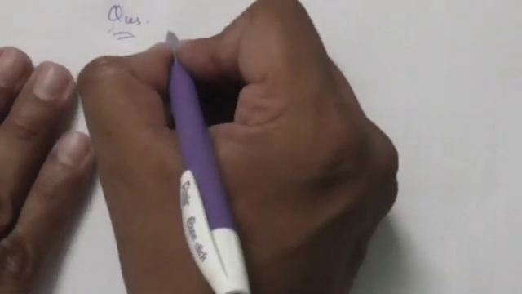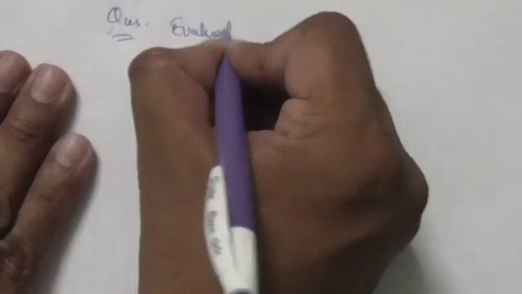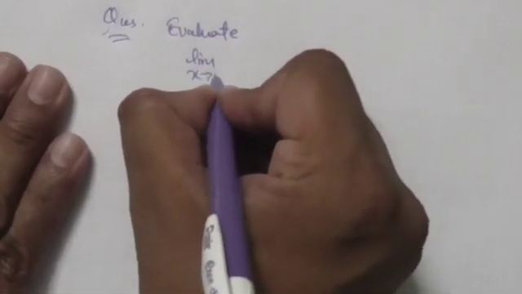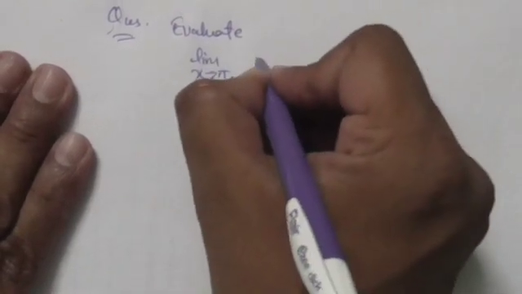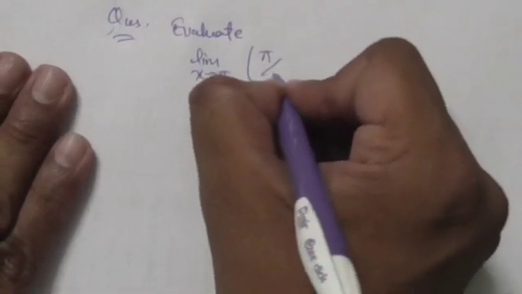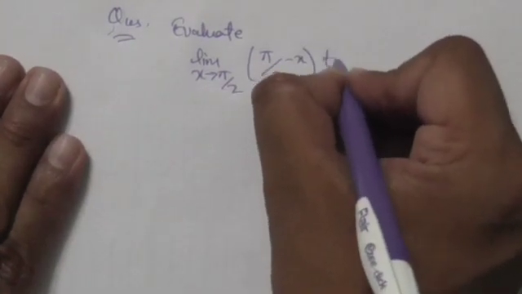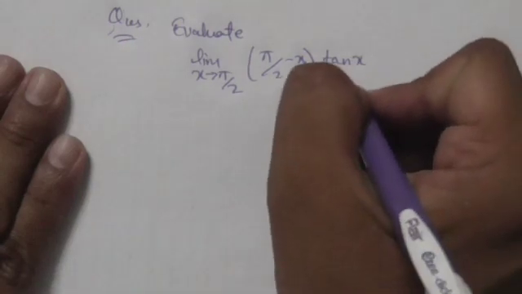Now another question. Now we have to evaluate limit x tends to pi by 2 of pi by 2 minus x into tan x, right?